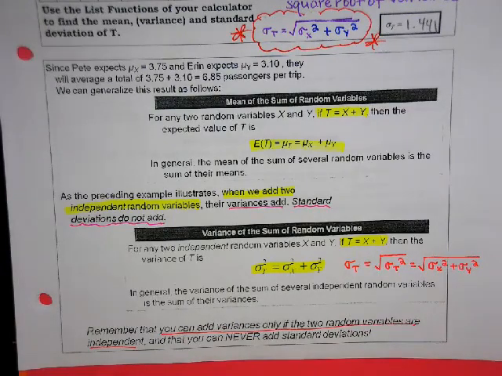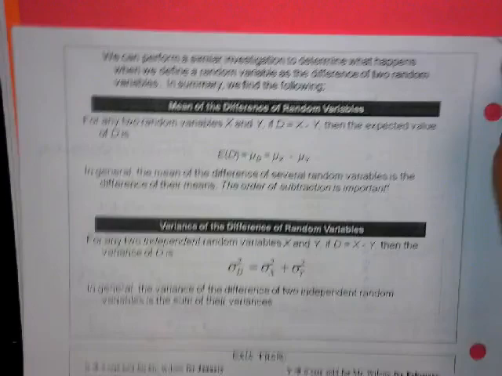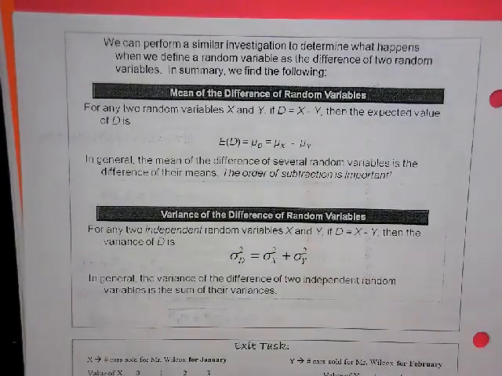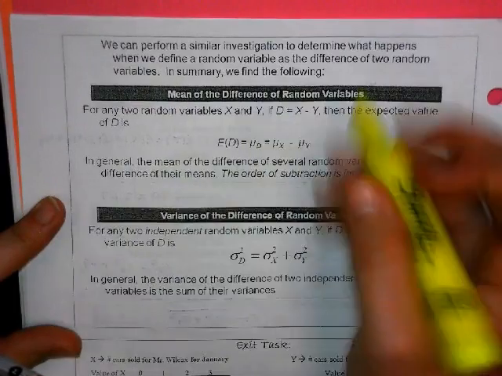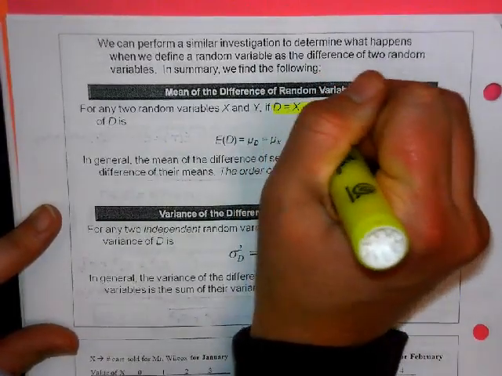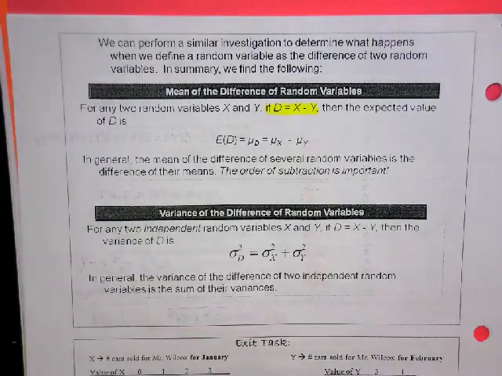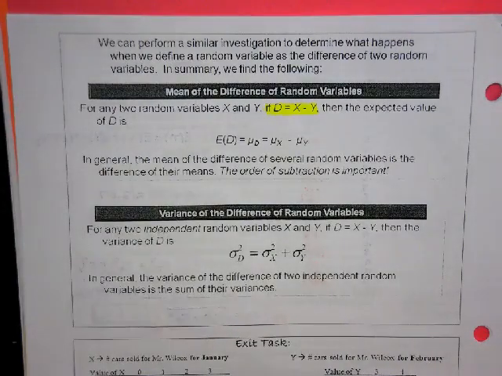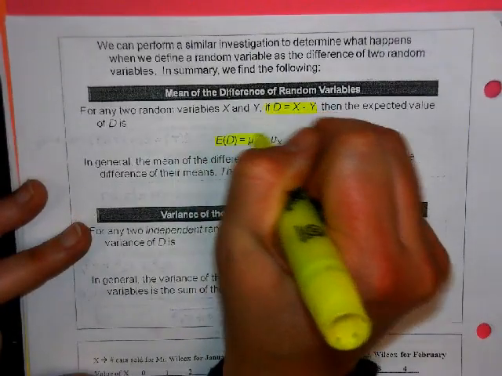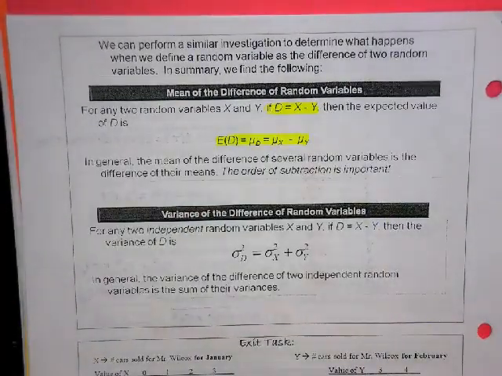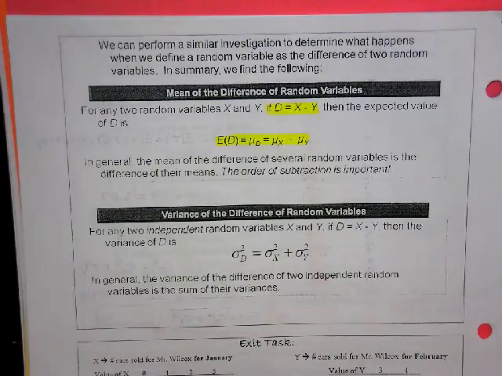If we're subtracting, so if we have X and Y as two random variables, and we want to find the difference, so we define D as X minus Y, then our expected value of D comes from the mean of X minus the mean of Y. When you're subtracting, order is important. X minus Y is not the same thing as Y minus X.